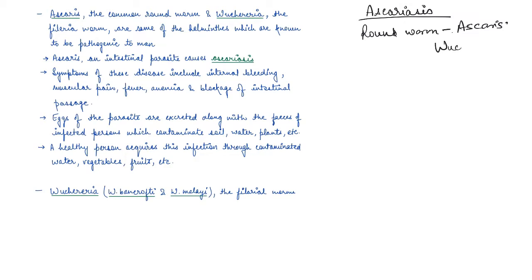And Wuchereria. These are the worms, right? This is the Filaria worm, another disease, right? So there are two different diseases, ascariasis and filaria.